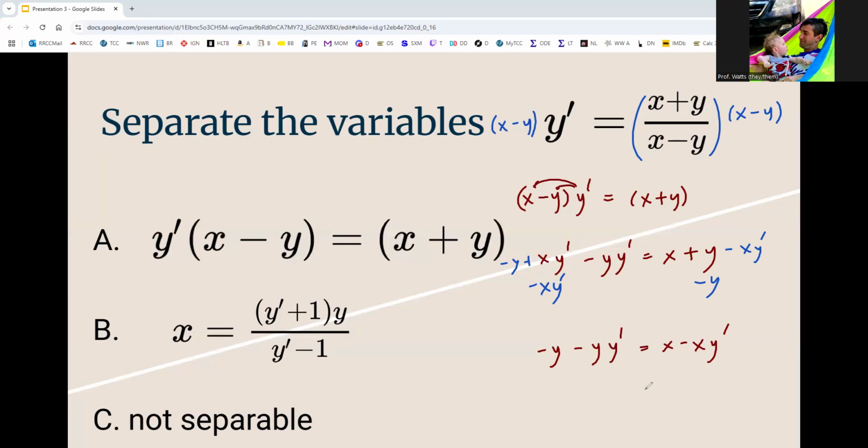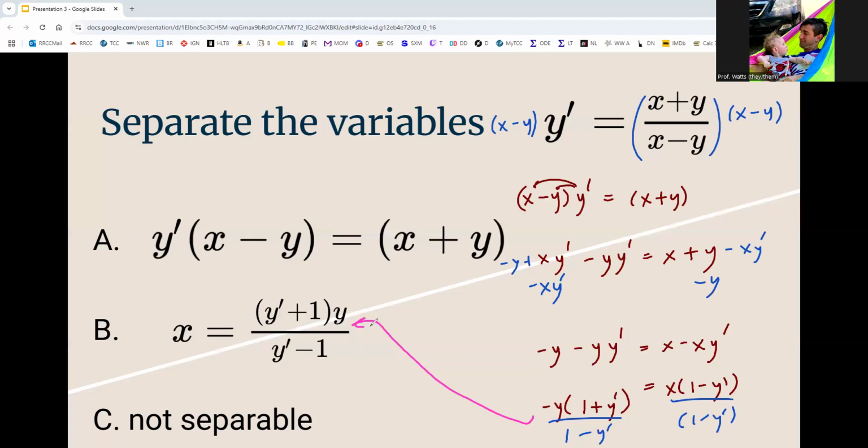And then you can factor the x. You can also factor that y. And then you can divide. And it will turn into that one.